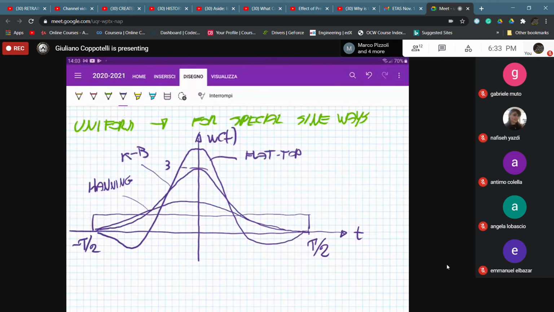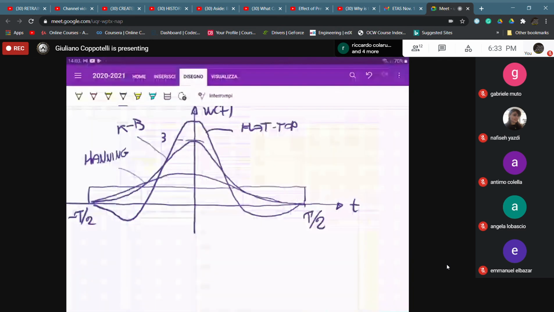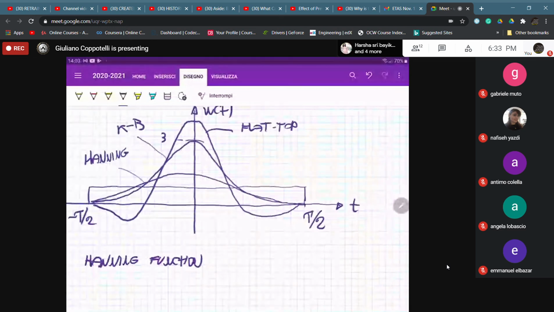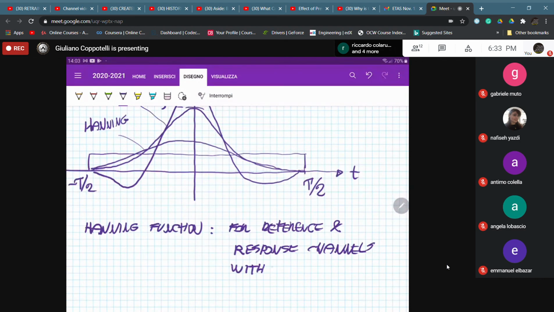And once again, we can have the Hanning function for reference, or if you want, the input channel and the response channels, when we have a random excitation, no more hammer excitation, but just random excitation.